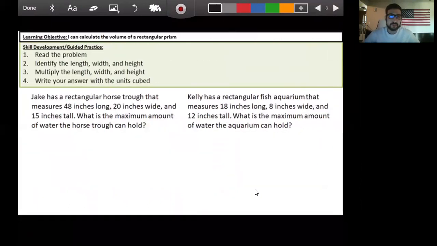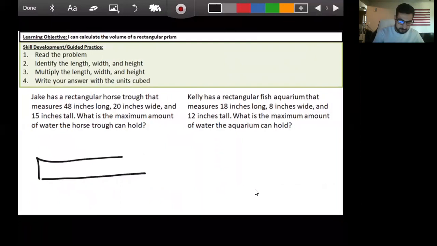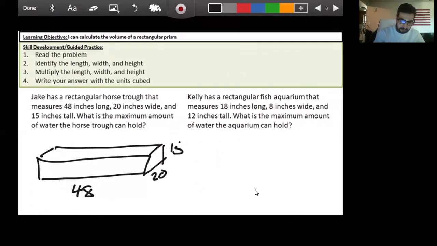All right, so now we have a rectangular horse trough that is 48 inches long, 20 inches wide, and 15 inches tall. So I'm going to draw a model. Volume is equal to length times width times height.